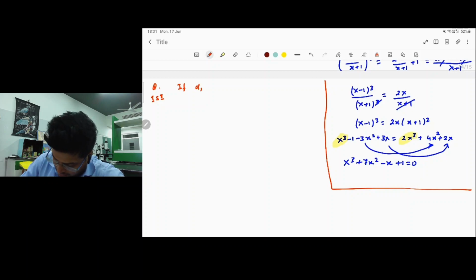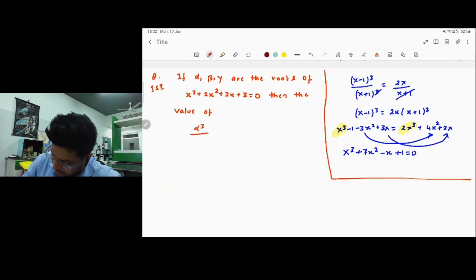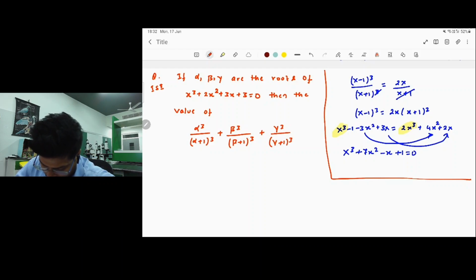If alpha, beta, gamma are the roots of, let's say, x cube plus 2x square plus 3x plus 3 equals 0, then the value of alpha cube by (alpha plus 1) whole cube plus beta cube by (beta plus 1) whole cube and plus gamma cube by (gamma plus 1) whole cube.